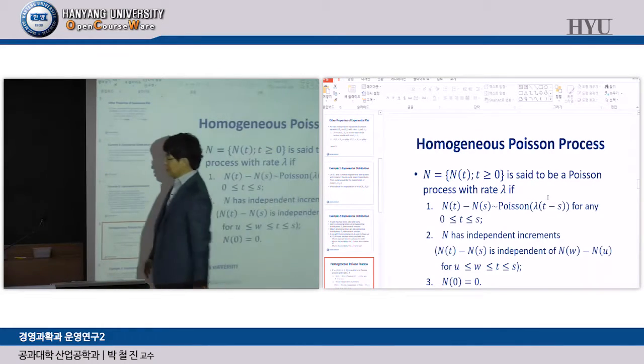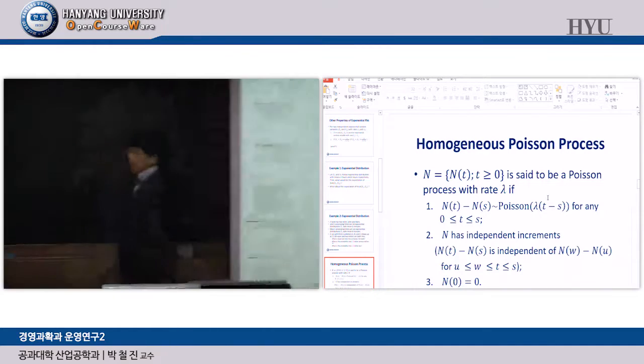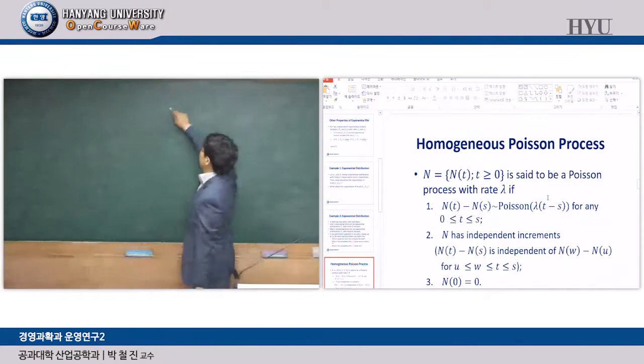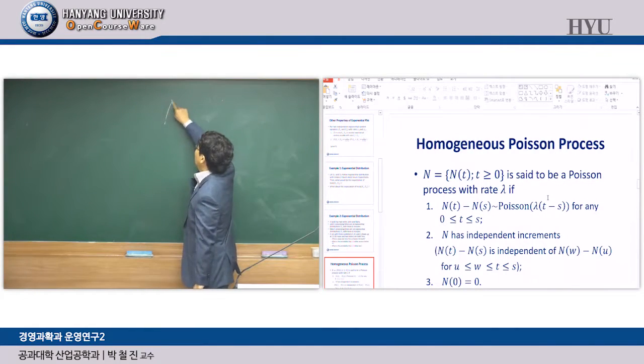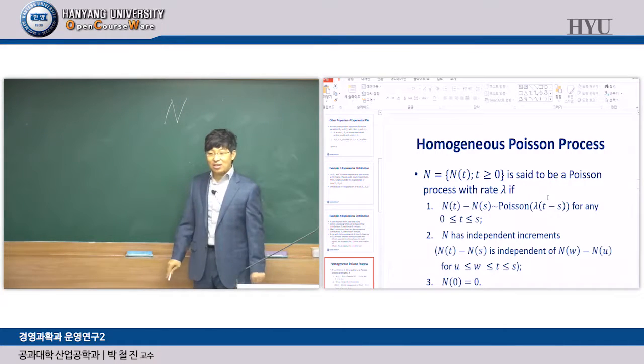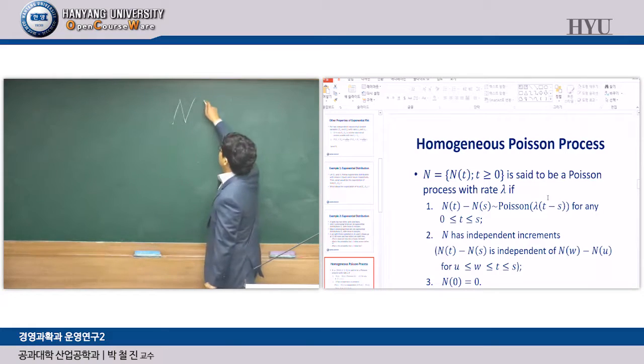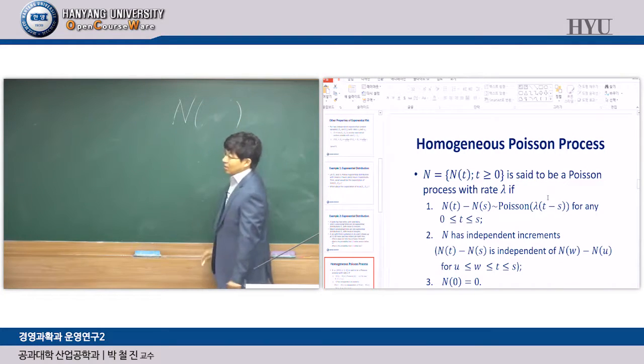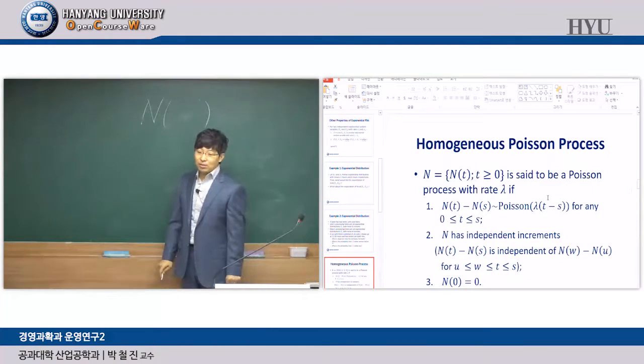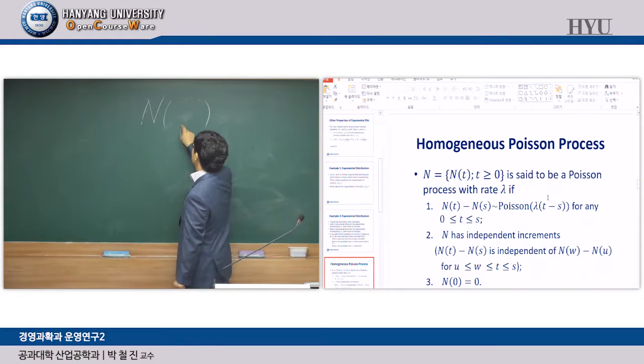This process represents a number. Usually we use large N to represent the number, with parentheses. Inside the parentheses we can put some measure.